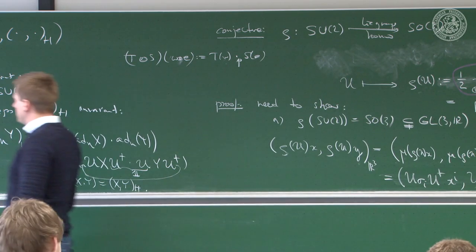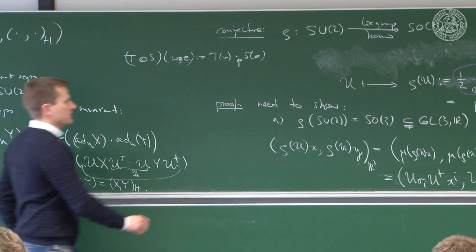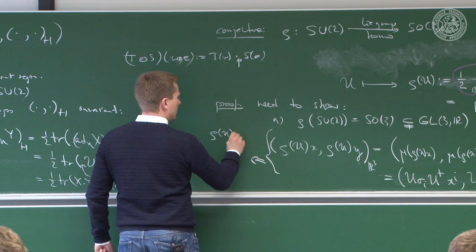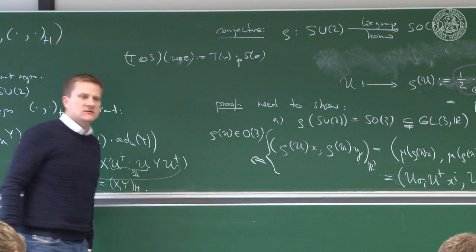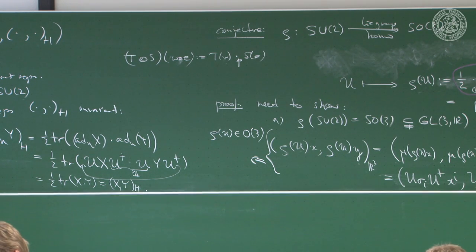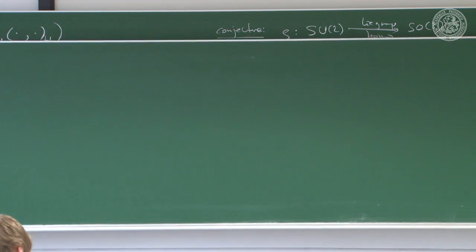So from this calculation, it follows that rho of u is certainly in O3. It's an orthogonal transformation. It's not yet SO3. In order to show that it's SO3, you also have to calculate the determinant, to show that the determinant of rho of u, now over real 3×3 matrices, is 1.